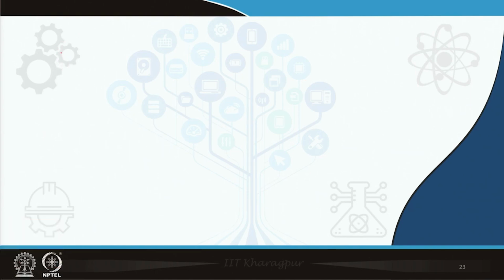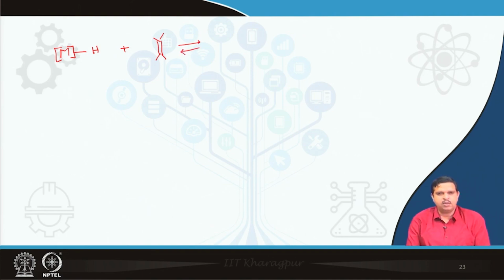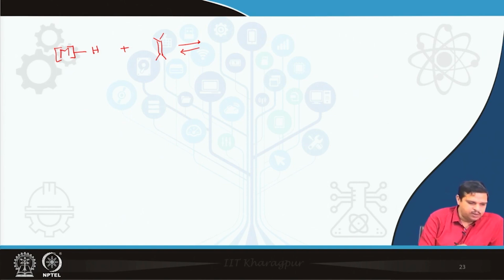If you have the metal center and let us say a hydrogen, okay, and you are reacting with alkene. Let us try to understand how the reaction proceeds, because I am emphasizing again this alkene insertion particularly, because this is the key step in the polymerization of alkene by transition metal catalysts.